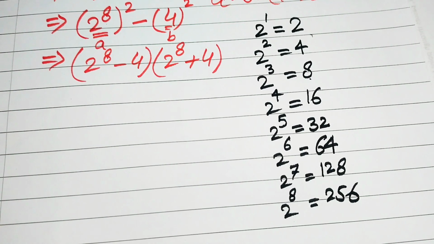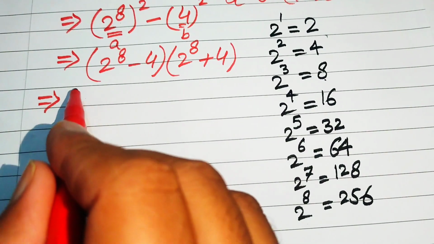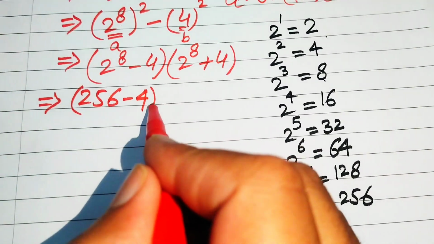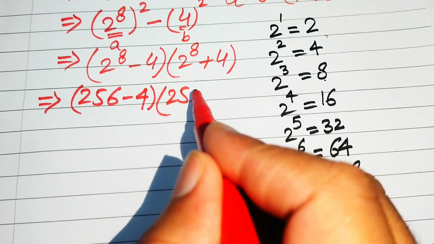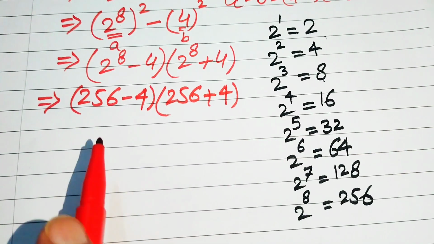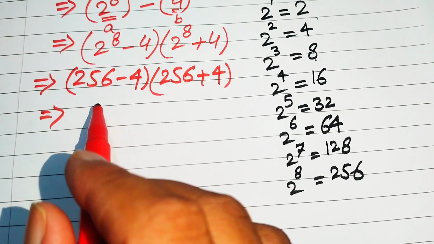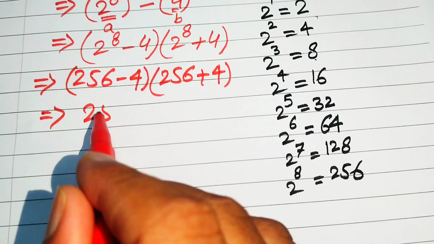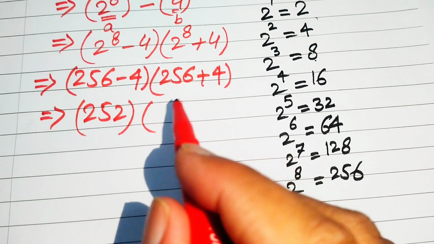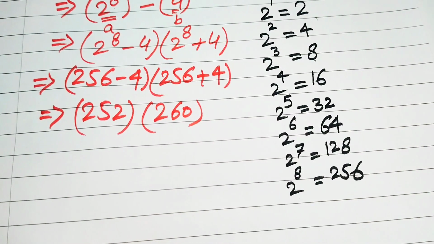When we put this value here, it will be written as 256 minus 4 into 256 plus 4. Here we subtract 4 from 256 and easily obtain 252, and similarly when we add 256 plus 4, you get 260.